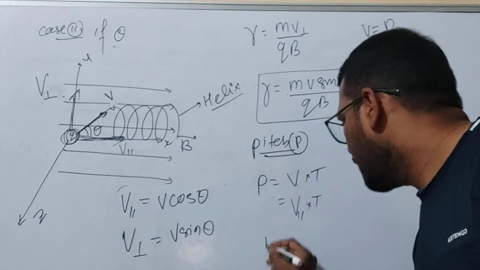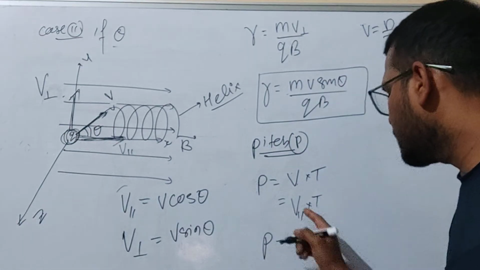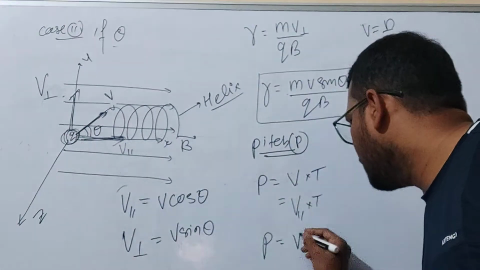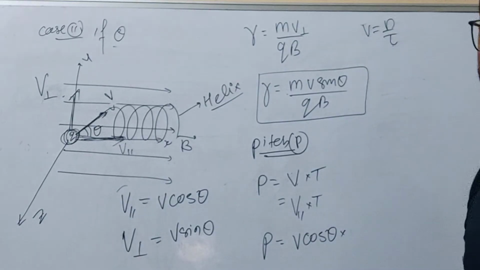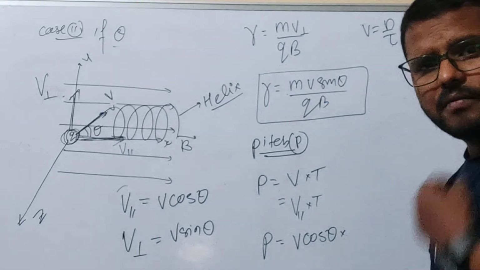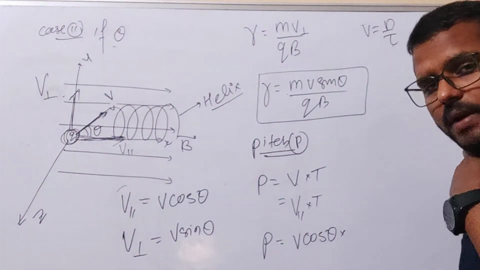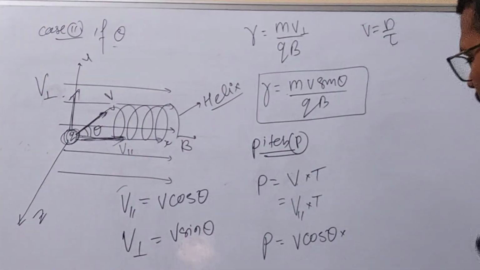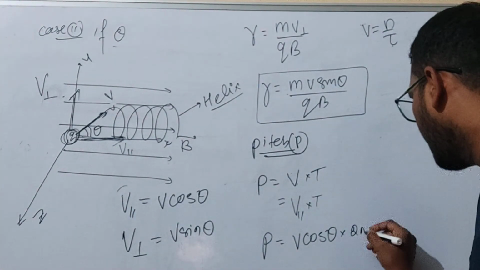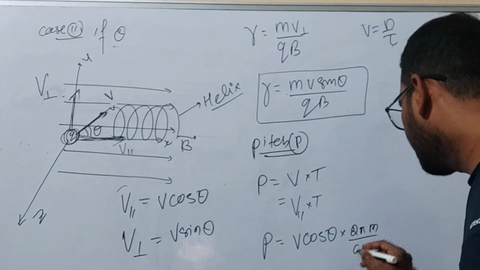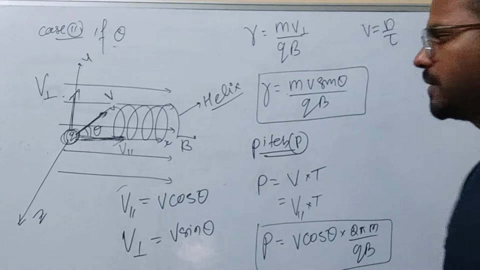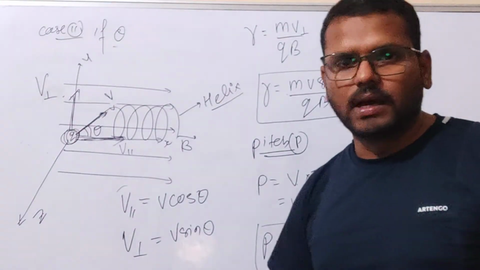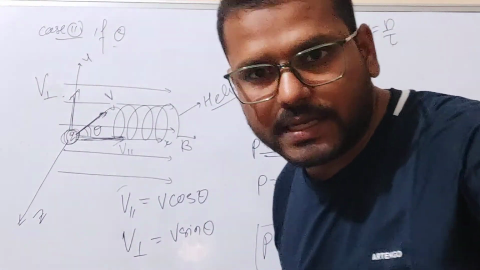Here v parallel is v cos theta into the time period, which we calculated just before, 2 pi m by qB. So this is the pitch, or the path covered by the particle.